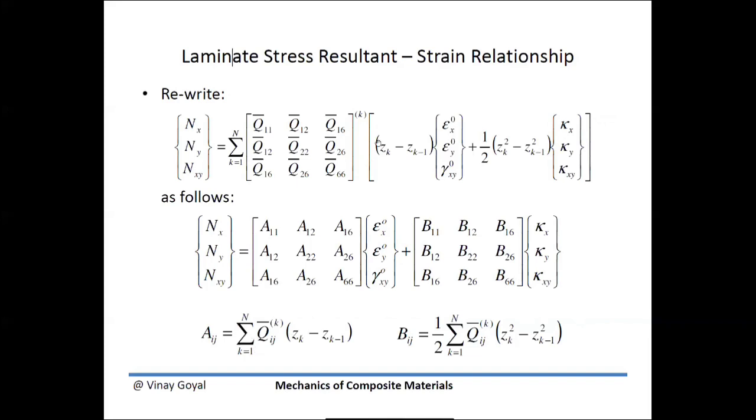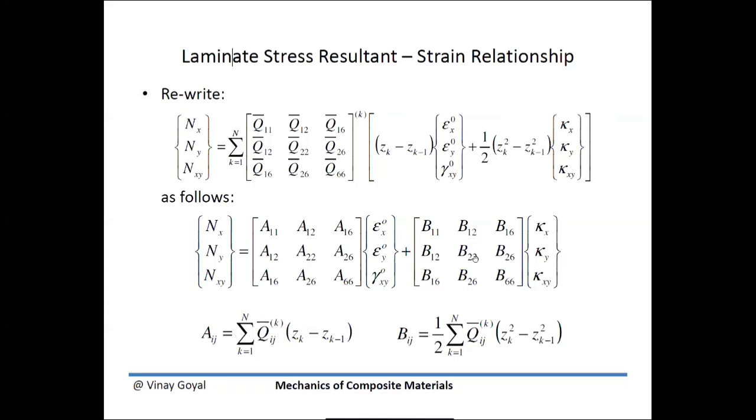And so I can write this in this manner, A11, A12, A16, and so forth. And so that's your mid-surface strain, and then I have plus this summation, this multiplication times this coefficient here, at the bottom right. We call that the B matrix. This is called the A matrix, that's called the B matrix.